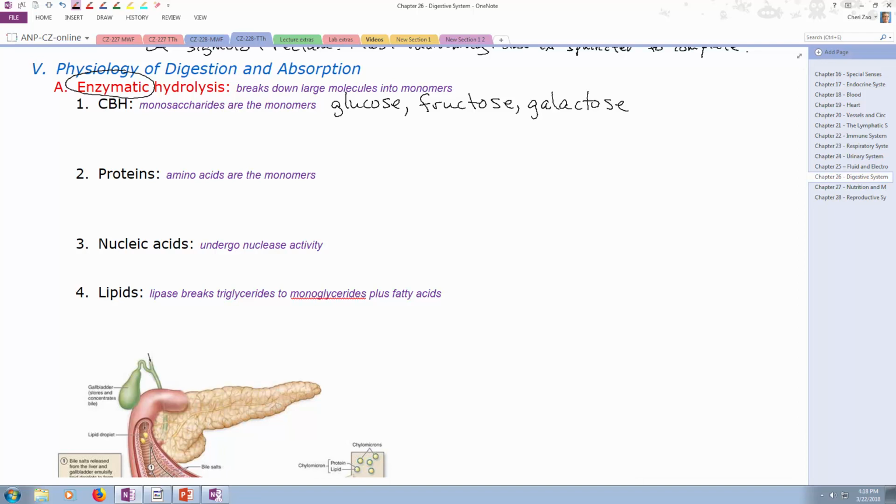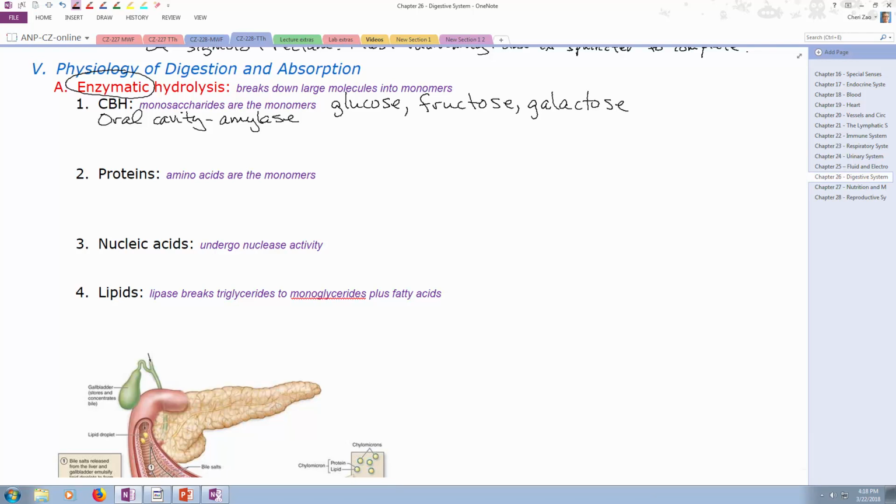The enzymes to work on carbohydrates actually start in the oral cavity. And remember the enzyme for carbohydrates in the oral cavity? Amylase. So that's where actually our enzymatic work on carbohydrates begins. But it's not a lot.